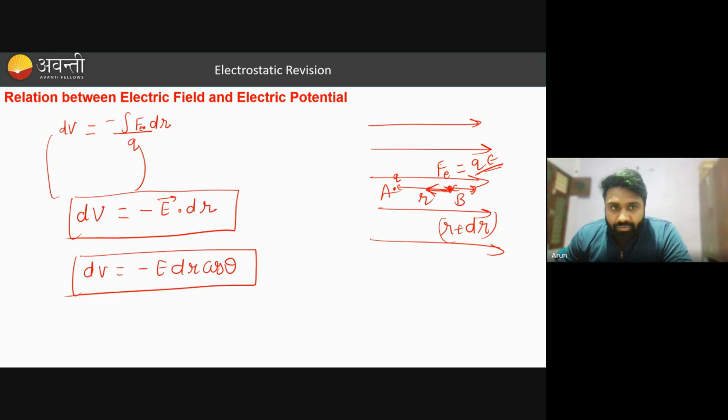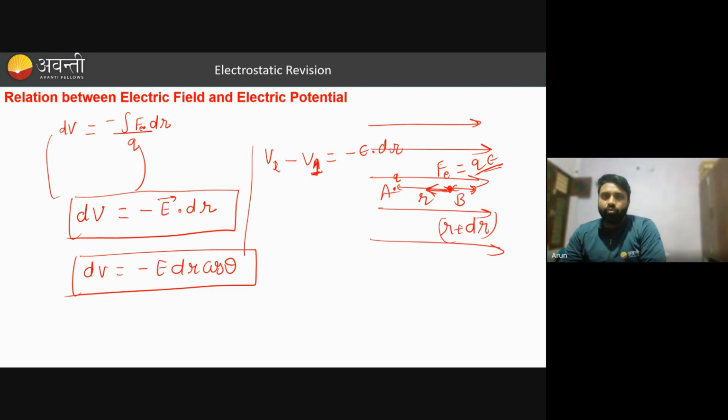From this expression, if you write dV as V2 minus V1, you will see that this difference V2 minus V1 is negative E dot dr. If the difference between two quantities is negative, let's say this is number 8 and this is number 12, when is the possibility that the difference will be negative?